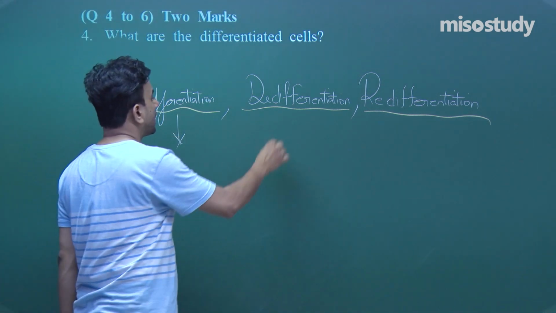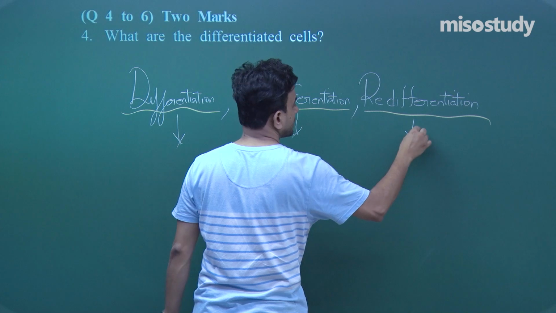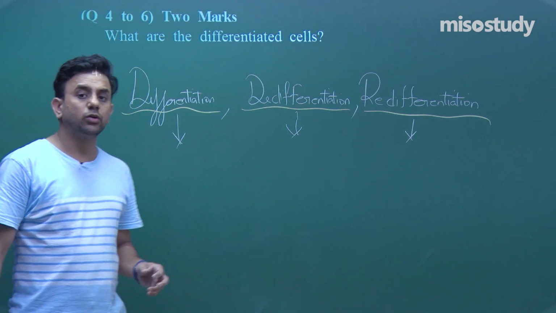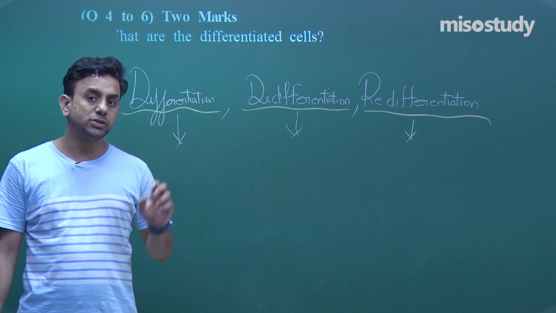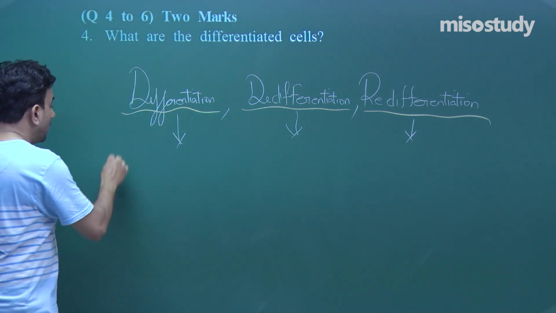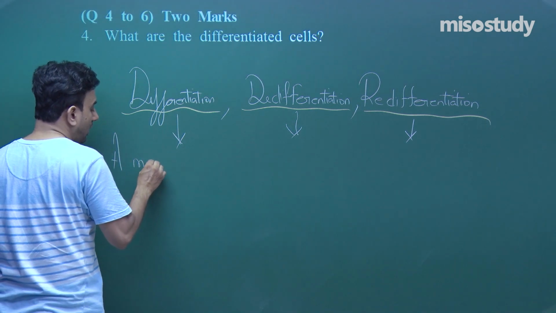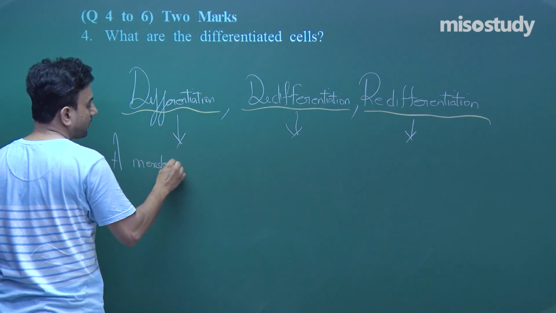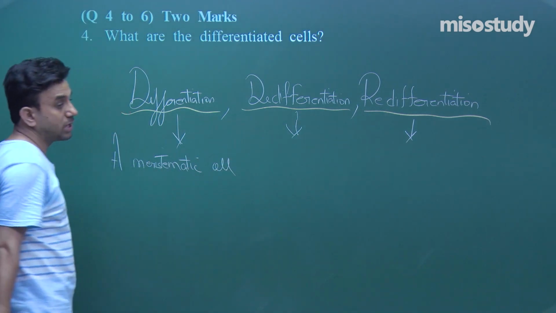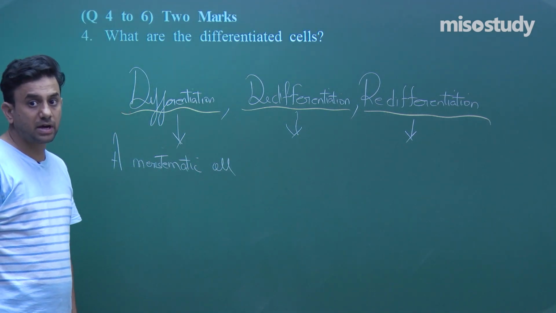Now, what do we say about differentiation? A meristematic cell often divides and becomes differentiated, that is, there is a division of labor. For example, what we can write is a meristematic cell. What is a meristematic cell? A cell which is in the dividing state or keeps on dividing is called a meristematic cell.